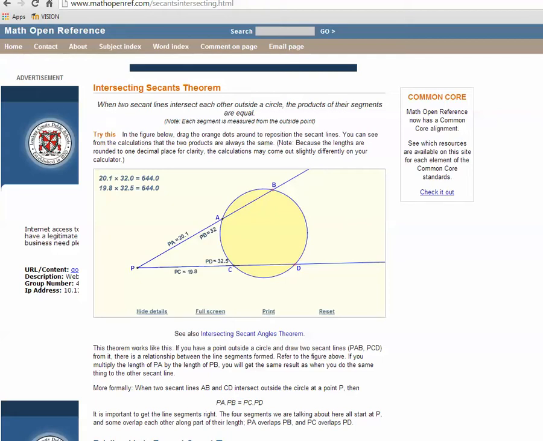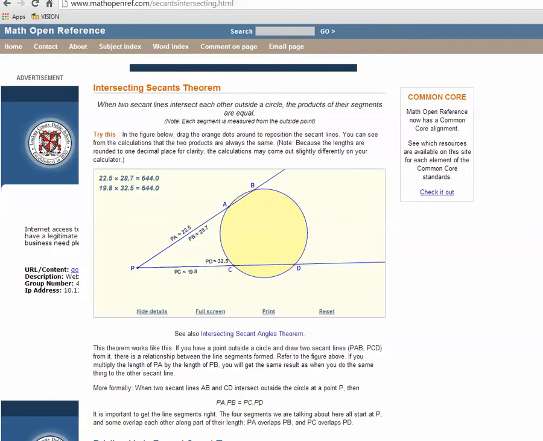So those get multiplied together and we see 644. The other secant segment, the external part, says 20.1, and the secant segment says 32. I'm going to move point B closer to point A. You'll see these numbers change, yet it still always equals 644, which the other one equals as well.